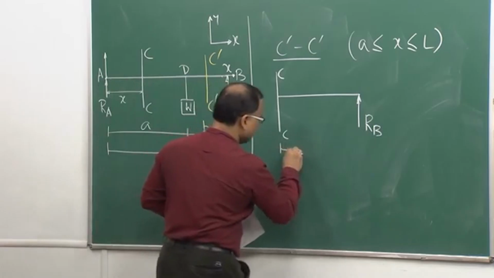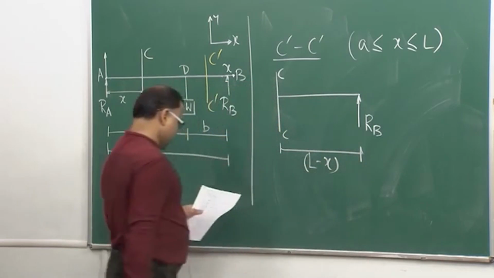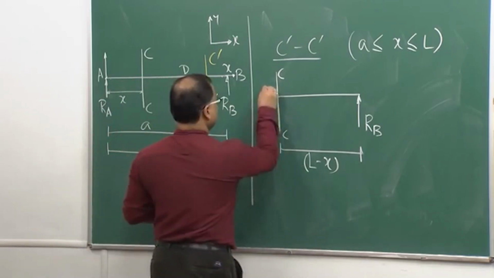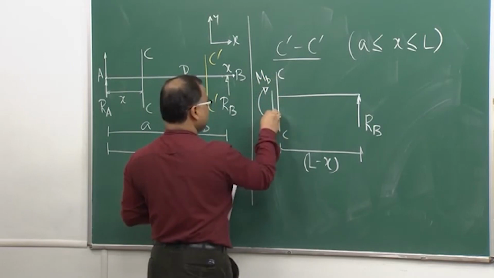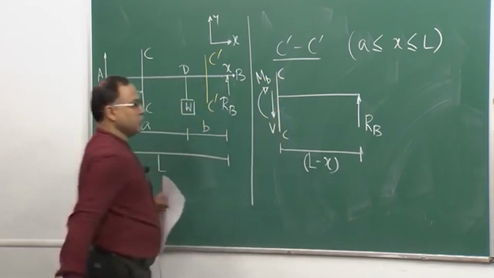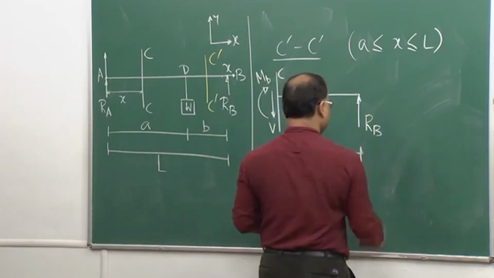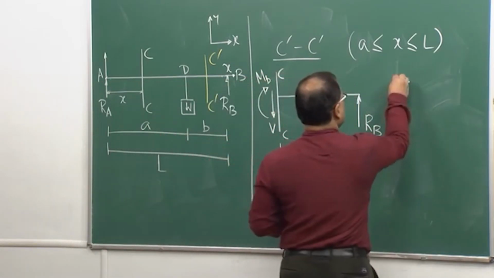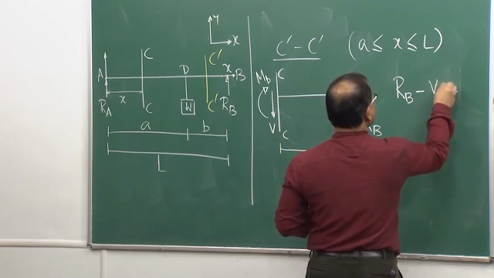So, this is my L minus x, okay, and this is my MB and this is my V, all of which I am showing positive, okay. So, here I will be getting RB minus V is equal to 0.